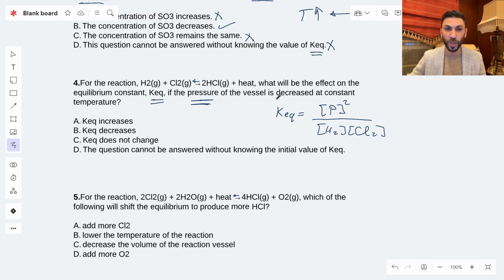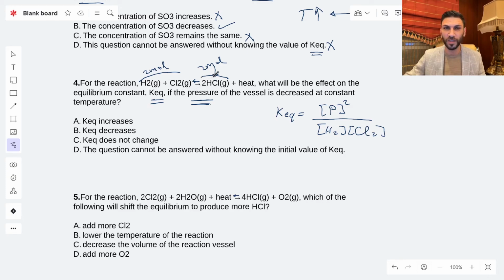But if the question was, what will happen to the concentration of HCl when we increase the pressure? Look here, we have gas and gas, 1 mole and 1 mole, that means 2 moles of gases. And here also we have 2 moles of gas. And there is no difference between the number of moles of the gas. And that means the pressure will not affect this chemical reaction.